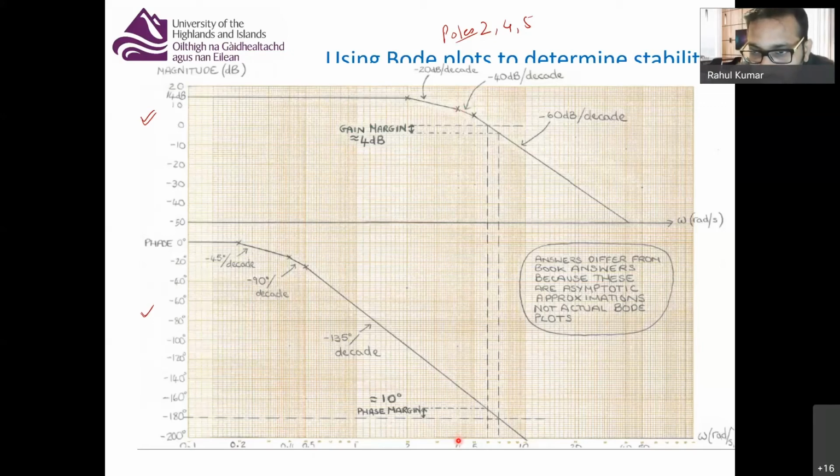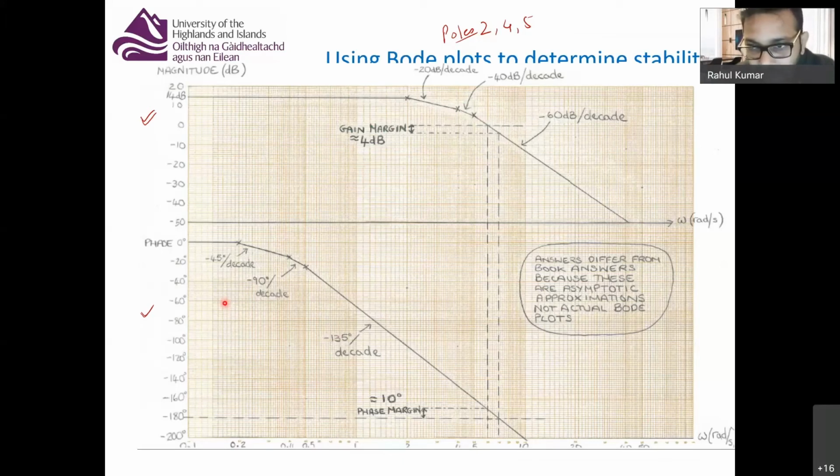So your slope again changes by minus 20, that is altogether minus 40. And then the third pole is at 5, right? So after 5 radians per second, your slope further reduces, altogether minus 60. So you go in this way. Okay, that's about the magnitude plot.